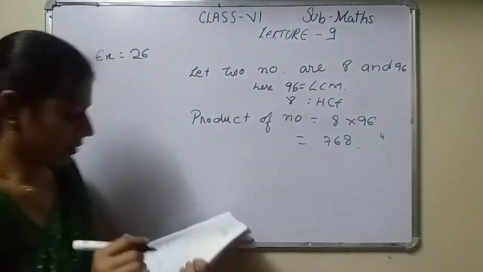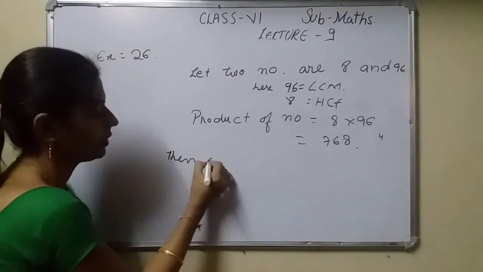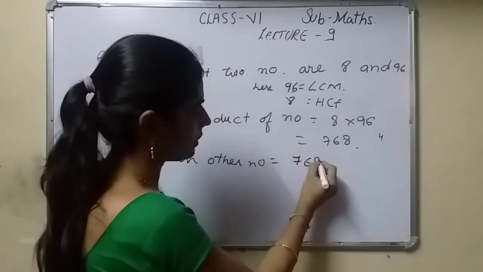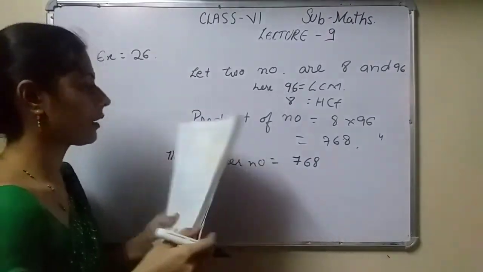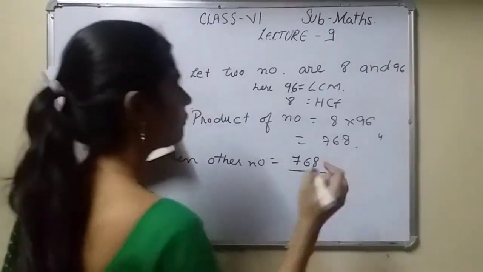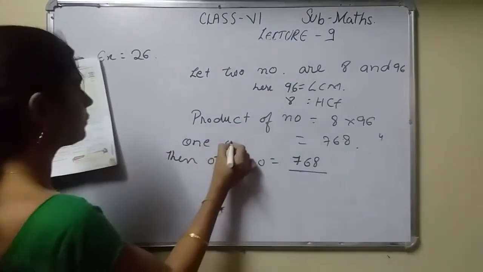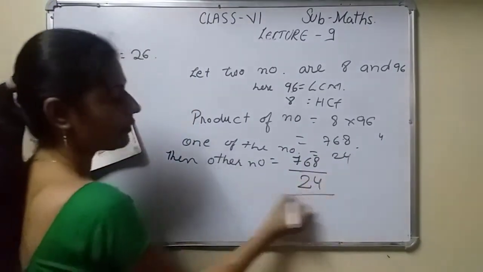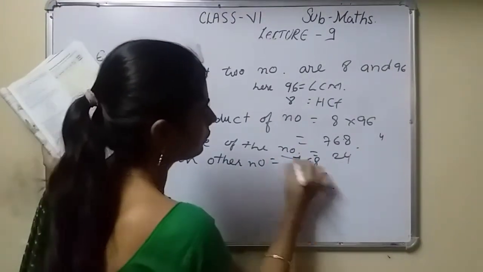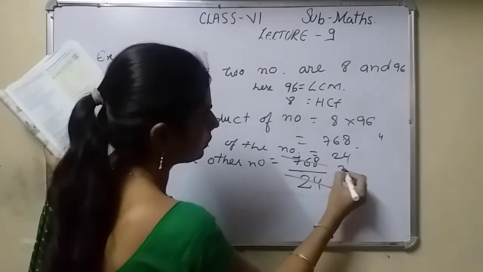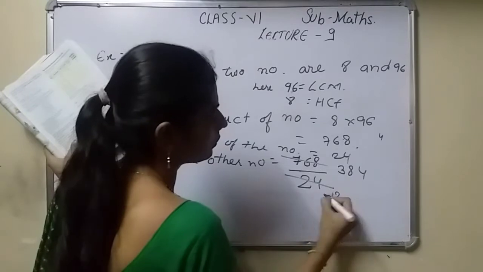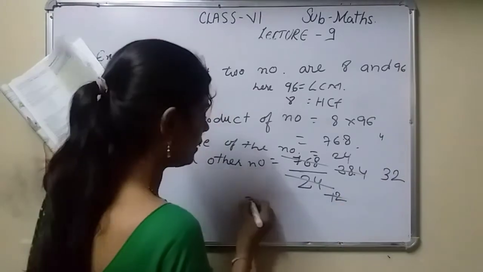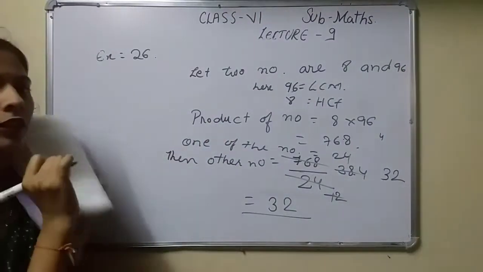The other number is equal to 768 upon the one number given here, which is 24. So you have to divide by 24. Directly divide by 12: 12 3s are 36, remainder 2, 12 2s are 24. Therefore, the other number is 32.